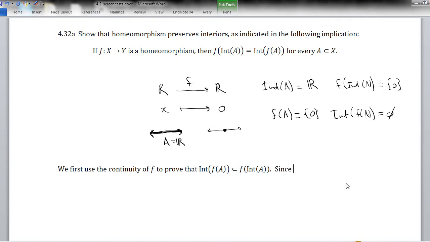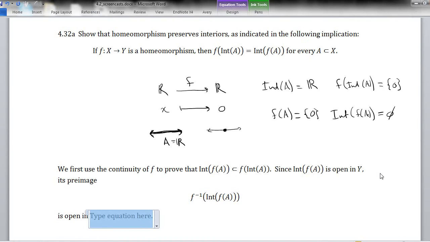Since the interior of f of A is open in, remember, we're doing a function from X to Y, so open in Y, its preimage, which would be written f inverse of the interior of f of A, is open in X. That's what continuity means.